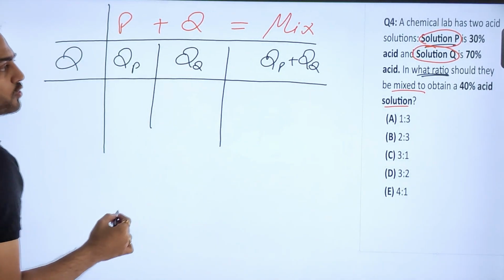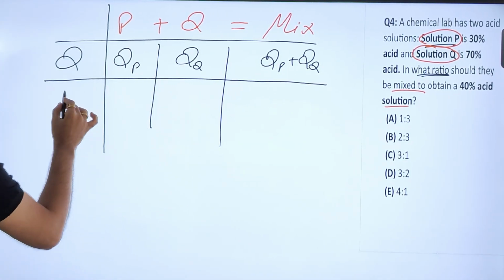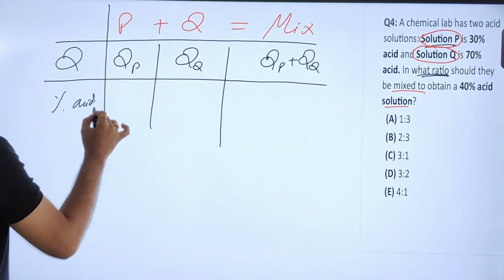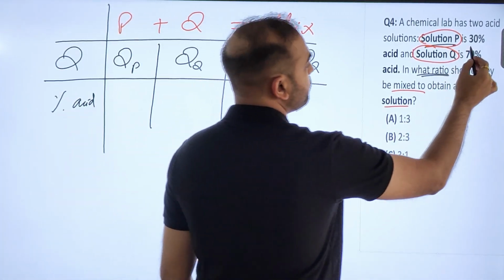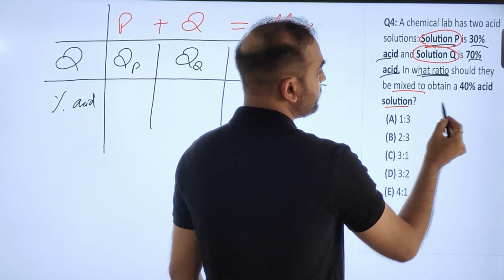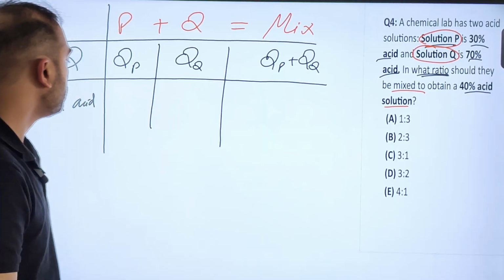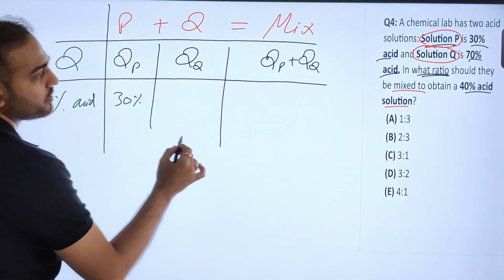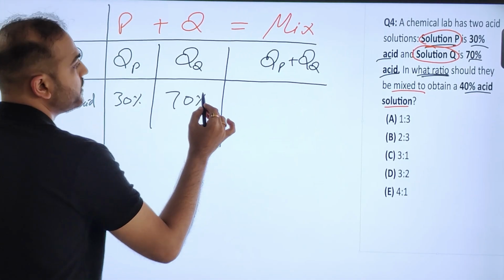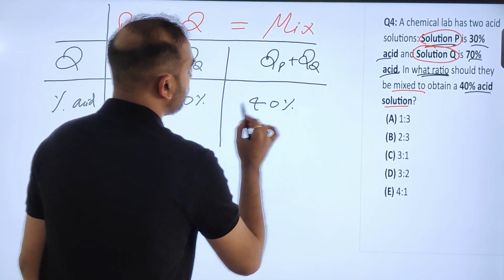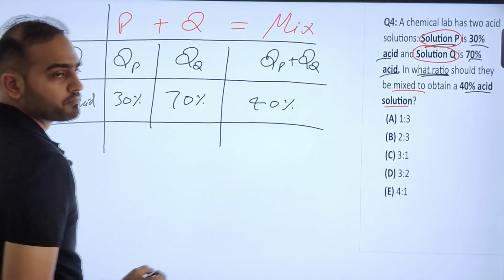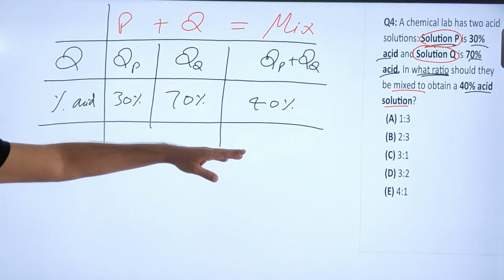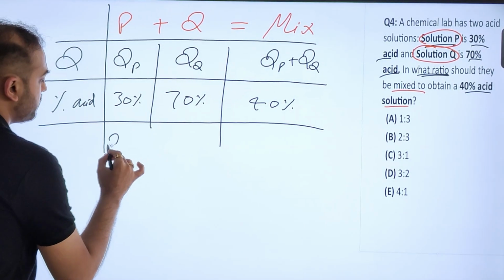Again, let's focus on the factor. Factor, if you see, is clearly percentage of acid. If you see here, we have 30% acid, we have 70% acid, we have 40% acid. So percentage of acid, that's 30%, that is 70%, that is 40%. Again, table complete, write down the equation.